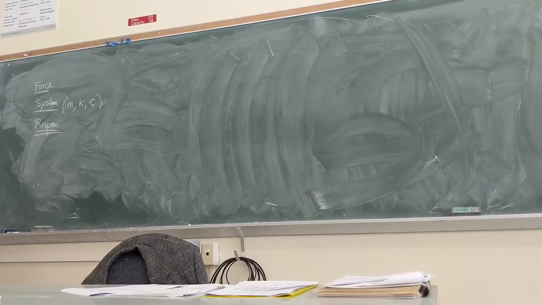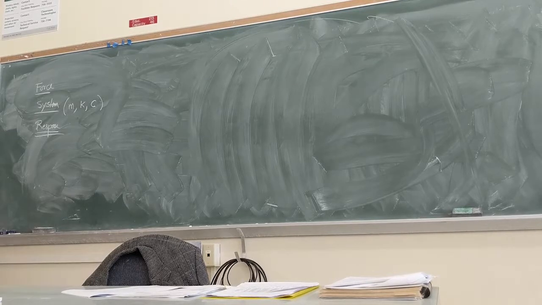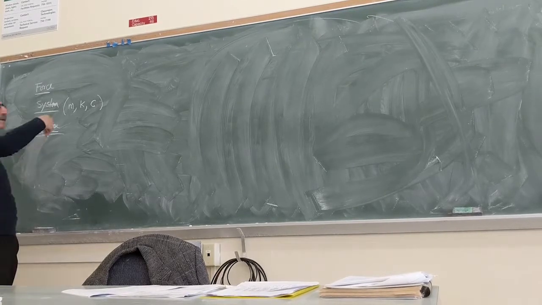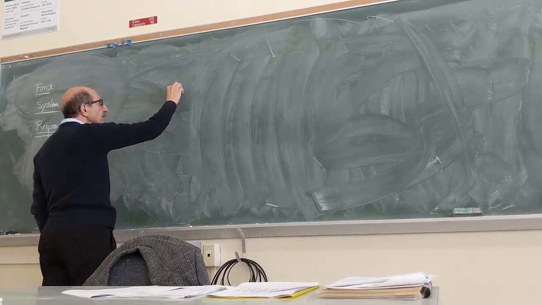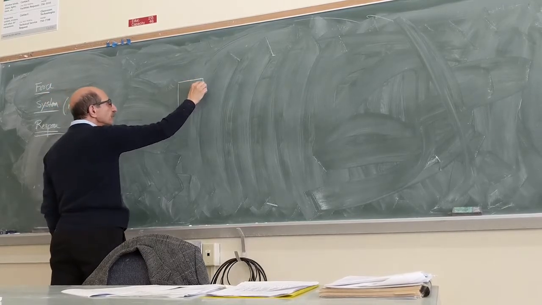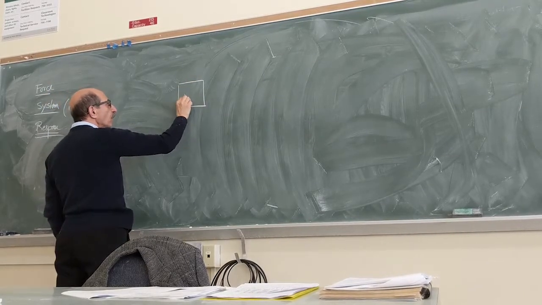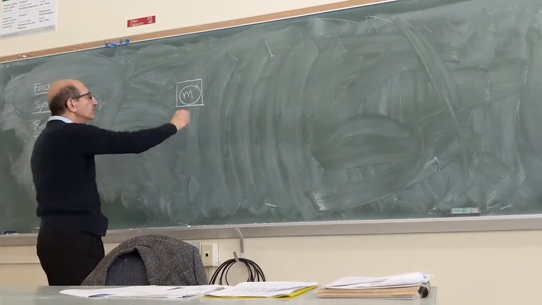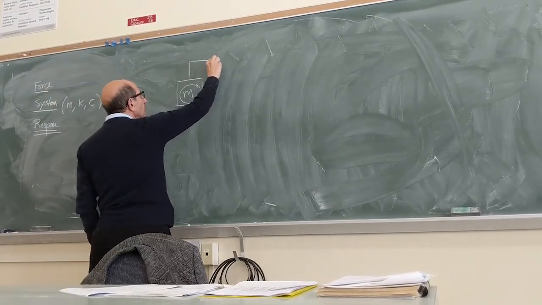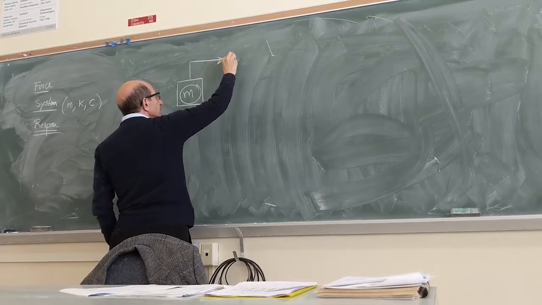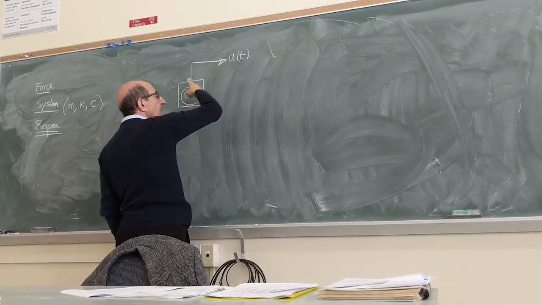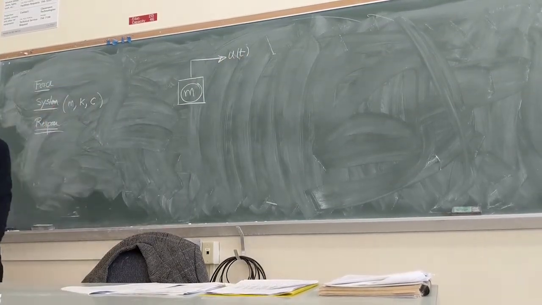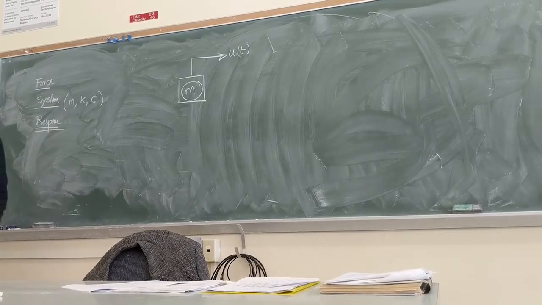For the time being, let's focus on just the translational motion. So basically then, a system can be assumed to consist of a mass that moves in one direction, which I call a single degree of freedom.